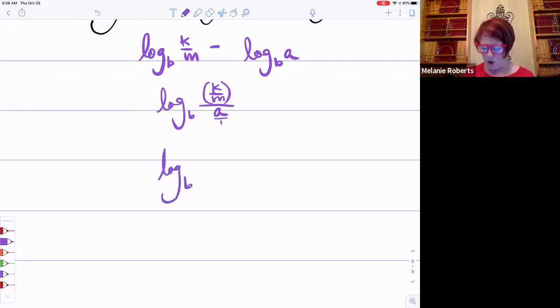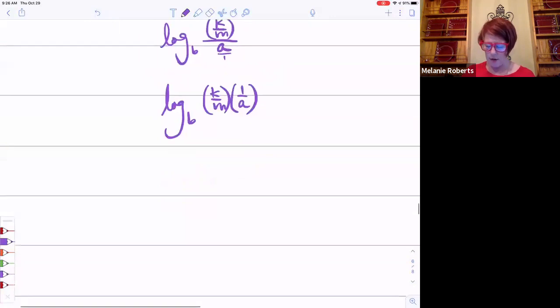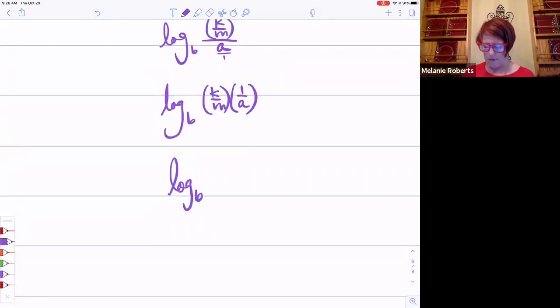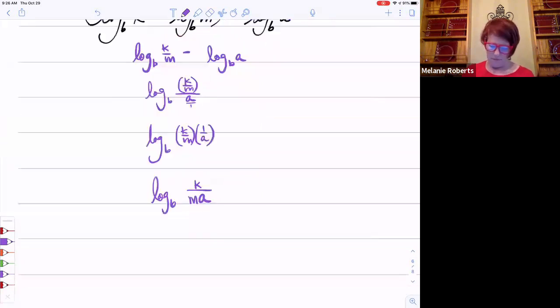So this is going to be log base B of K over M times the reciprocal 1 over A. And then when I multiply the numerators and multiply the denominators, I'll have, and this is my final answer, log base B of K over M times A. Single logarithm. I've condensed it down to a single logarithm.